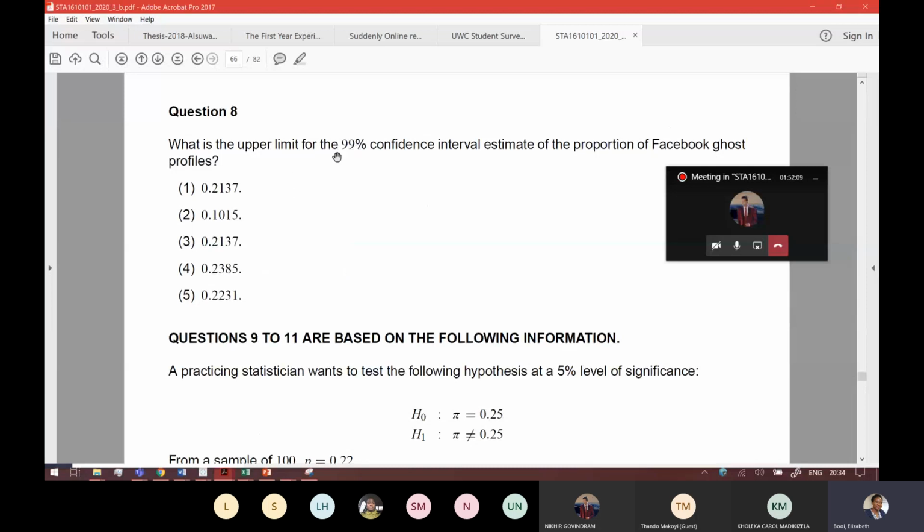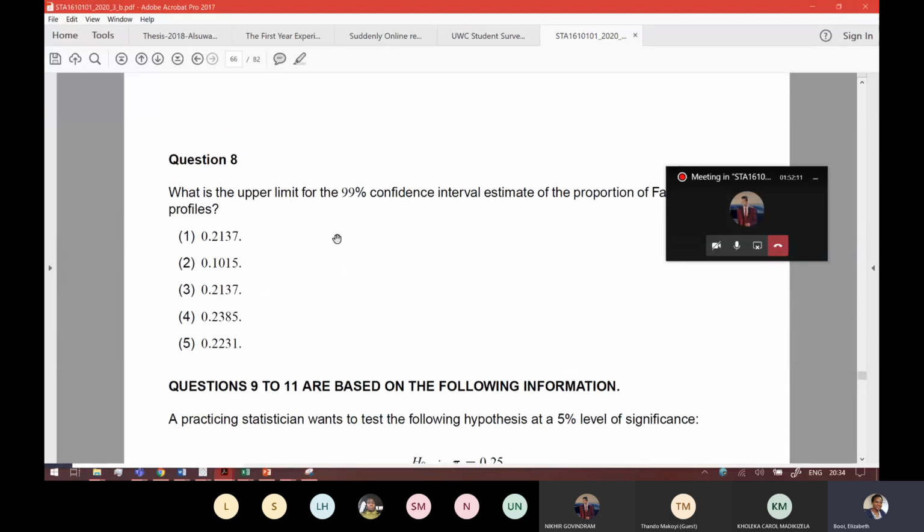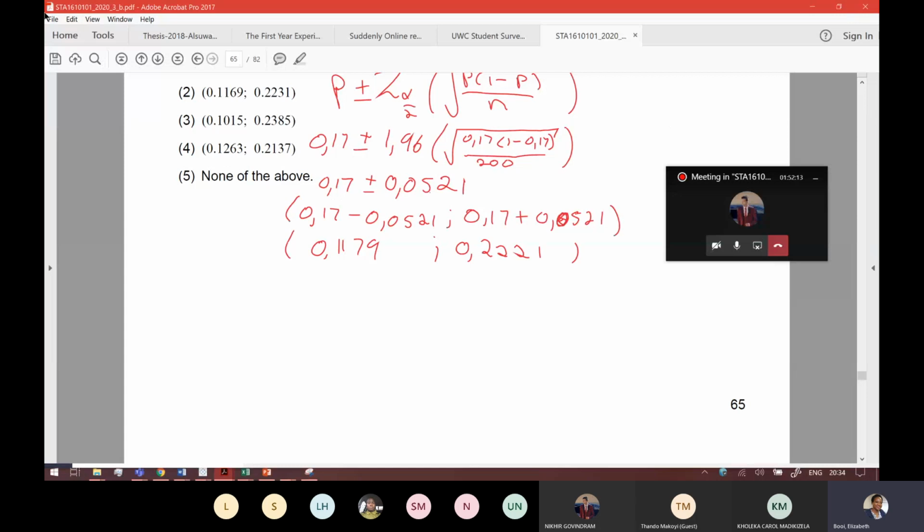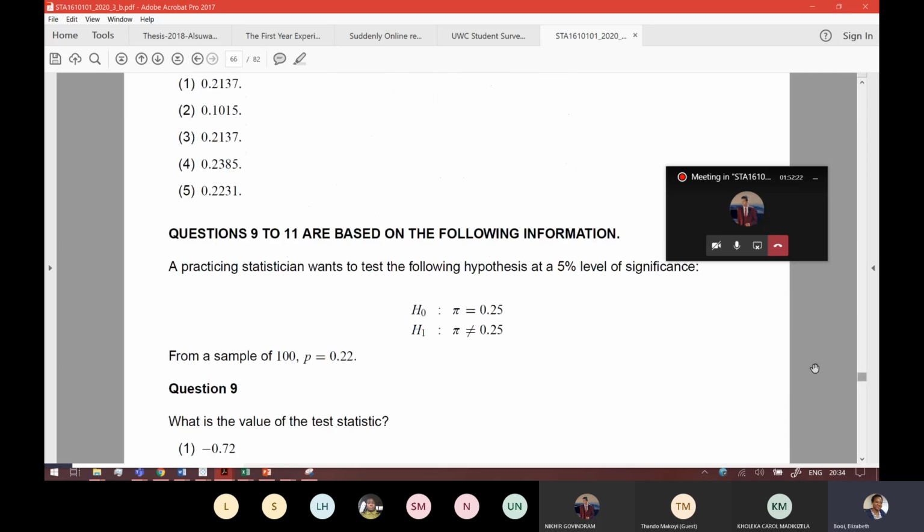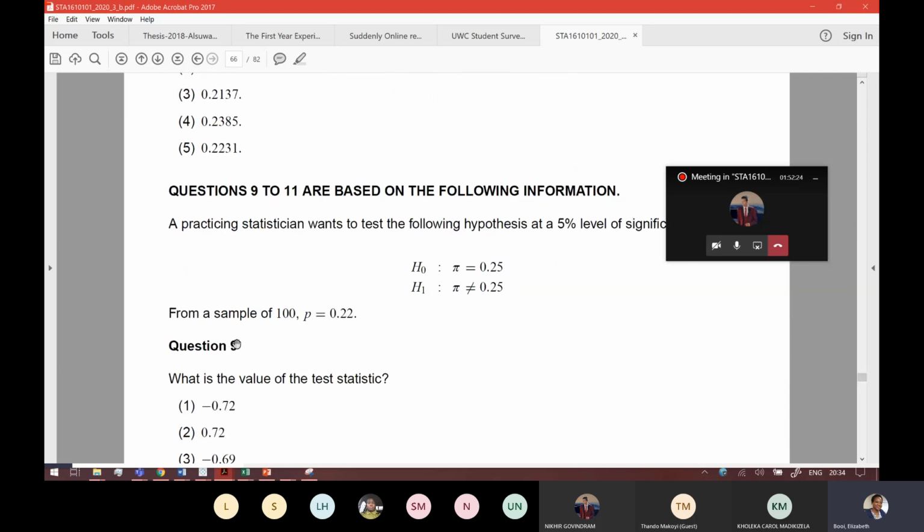We already did at least 2 of them, so your workload has been reduced. And then tomorrow we do confidence interval, so tomorrow you should be able to answer question number 9 till question number 11.